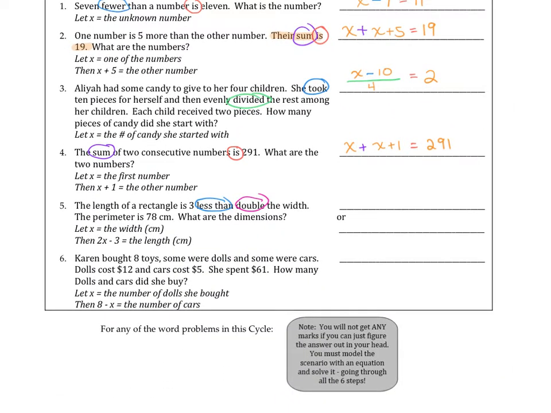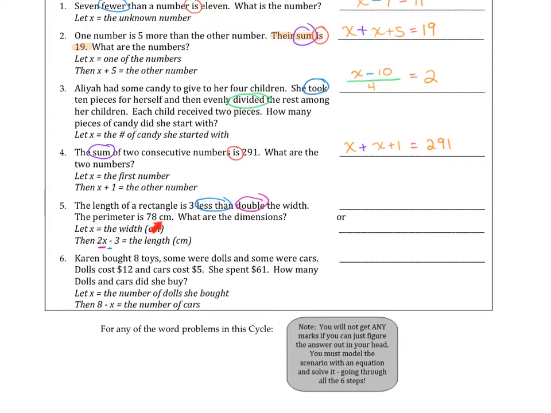So that's why it's equal to 2x minus 3 for the length. Because that gives us 3 less than double the width. Remember, whenever we do less than or fewer than or decreased by, it comes after. So that is the length. So if x is the width, the length is 3 less than double the width.